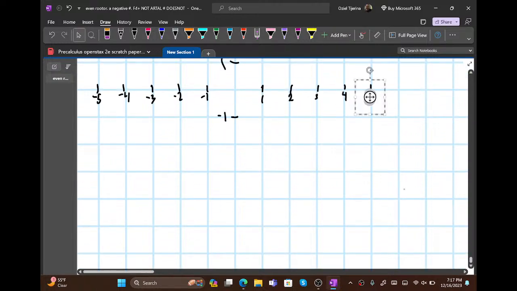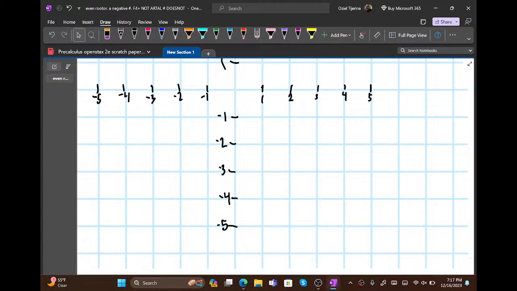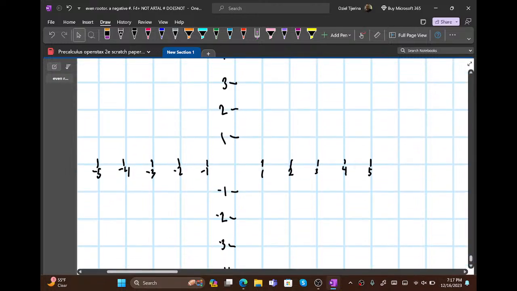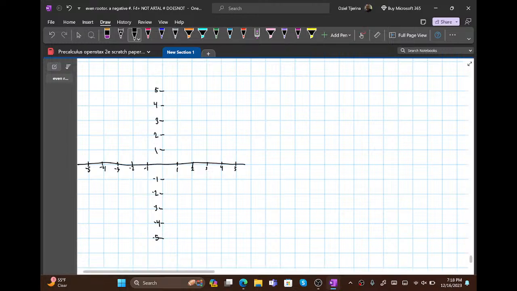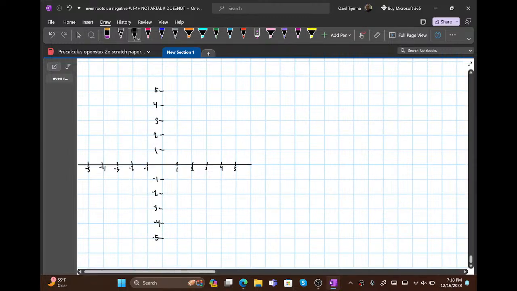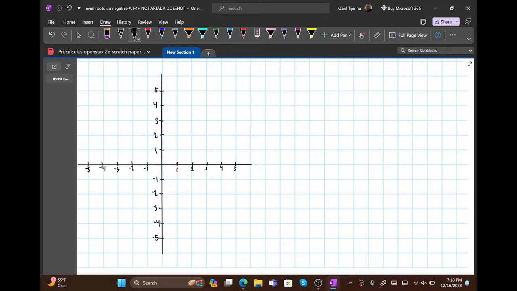Same thing for down here, -1, -2, -3, -4, -5. Okay, I'm gonna zoom out here. We're obviously not going to define it for all of these x values, but I wanted to make sure I put enough points for each of these.